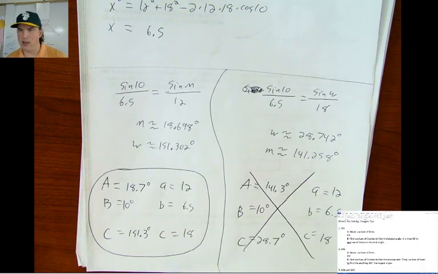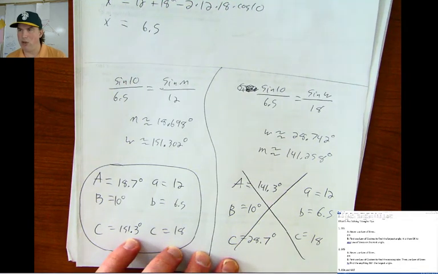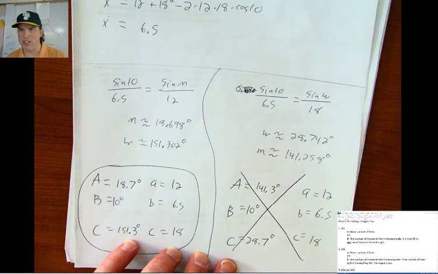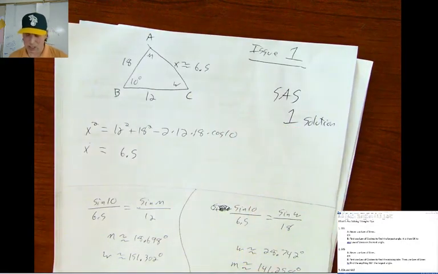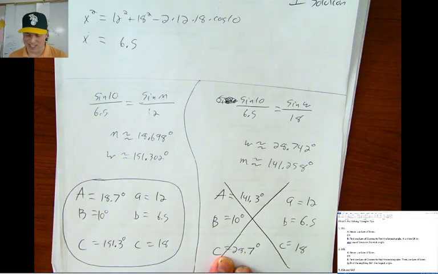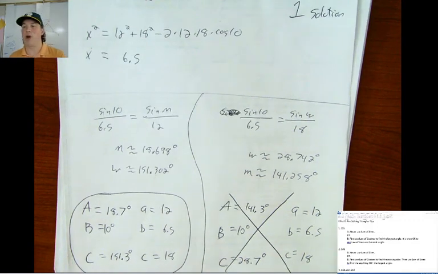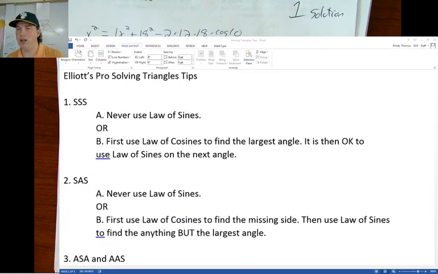In the situation that didn't work, I was using law of sines to find angle, oh, this gets confusing, W. W was angle C, and angle C is opposite the largest side. So because I used law of sines to find the largest angle, that's where the problem came from. So if you just follow this advice here, it's never going to be a problem.